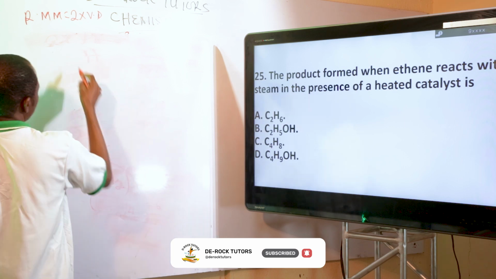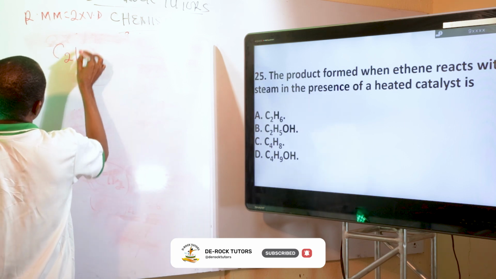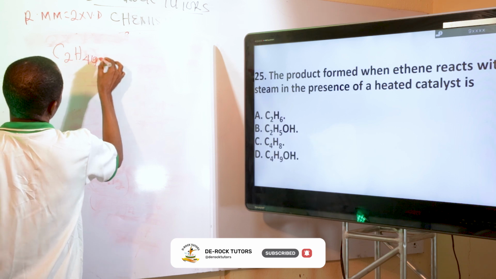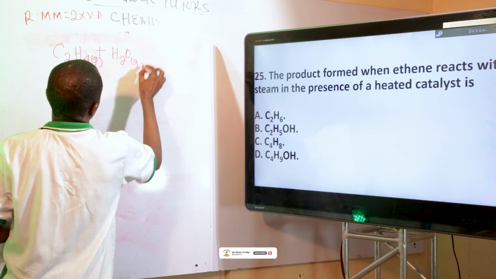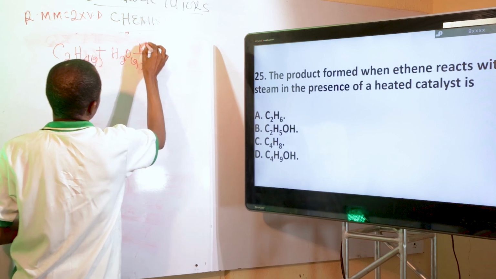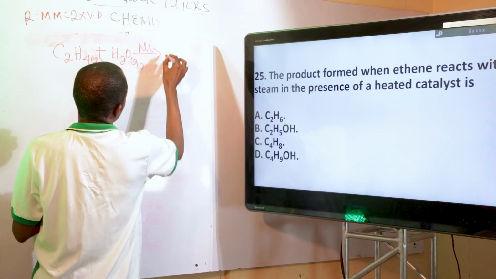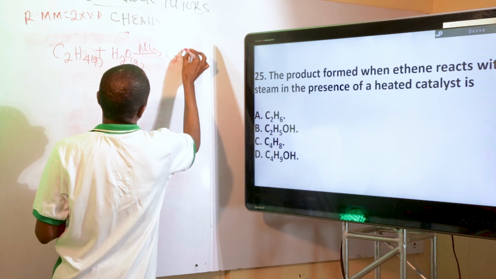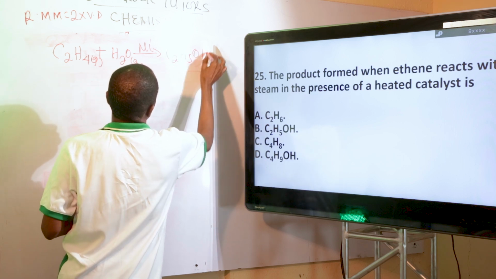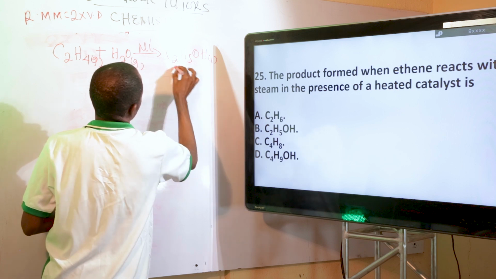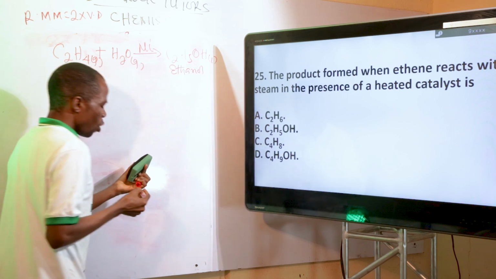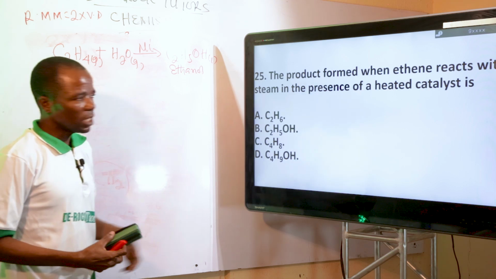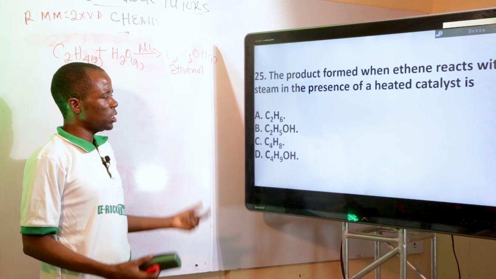When ethane, C2H4, reacts with steam, we know that steam is water in gaseous state. In the presence of catalyst, it's usually nickel. Then what will be produced is ethanol, C2H5OH, which is ethanol. It is called hydration of ethane.